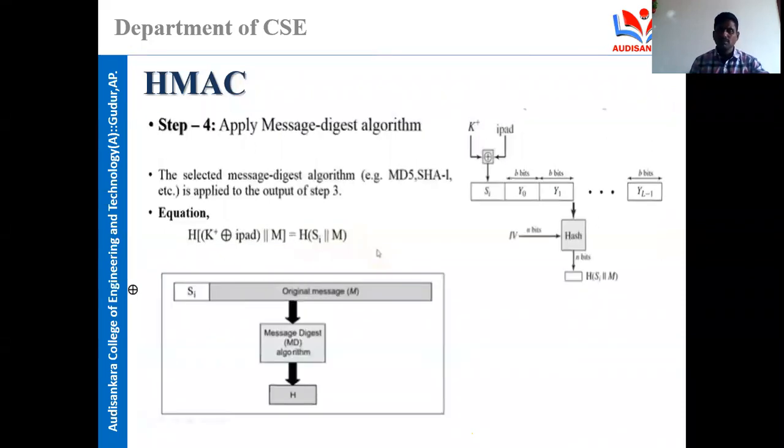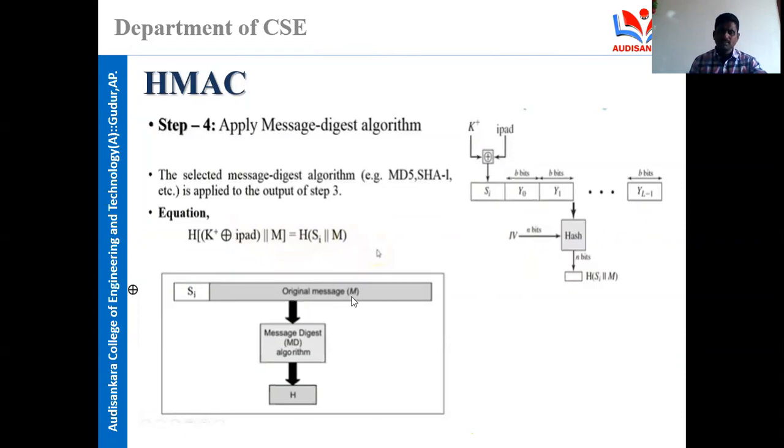In step 4, what are we doing? Apply the message digest algorithm, that is hash. The selected message digest algorithm, that may be MD5 or SHA1, any one of them is applied here.